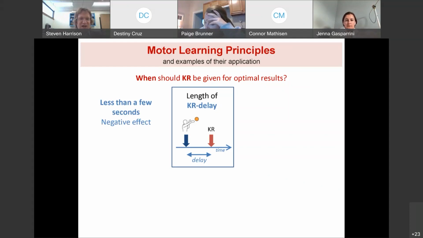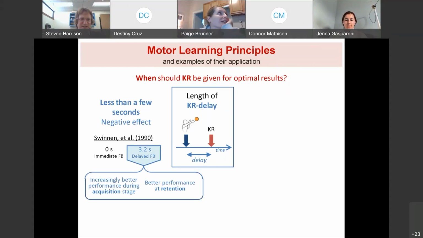One of the things that has been found in the literature a few times is that if you give knowledge of results feedback immediately, or very shortly after performing the action, it can actually have a negative effect. If you wait a couple of seconds, or in this particular study, 3.2 seconds, then you end up seeing much more benefit of providing knowledge of results.